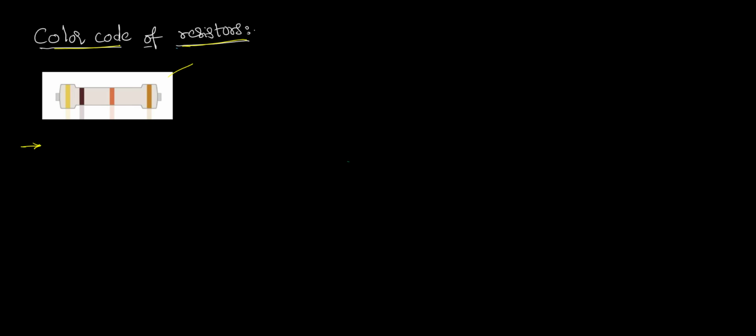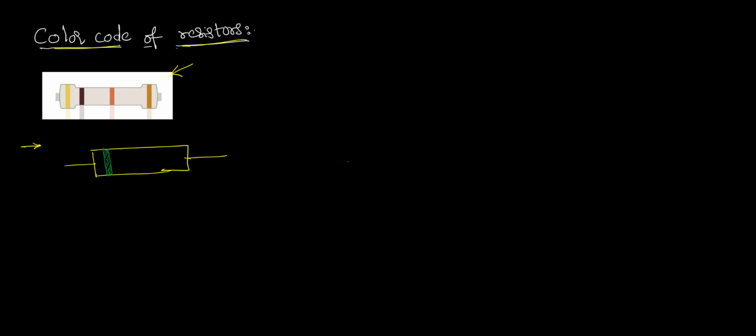As shown in the diagram, this is how a typical resistor looks, with certain bands. If you draw a diagram for a resistance, I'm just drawing it for convenience. Say this is a resistance. Then it will have bands, or color codes, on top of it. It could be like this, one color here, just like a band around it.